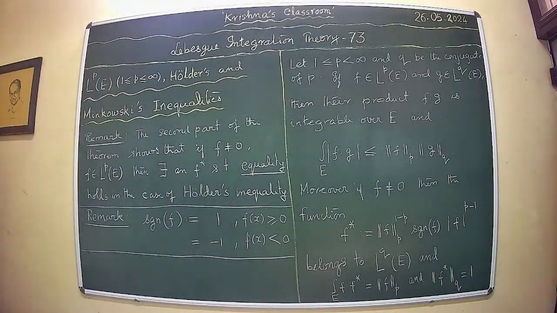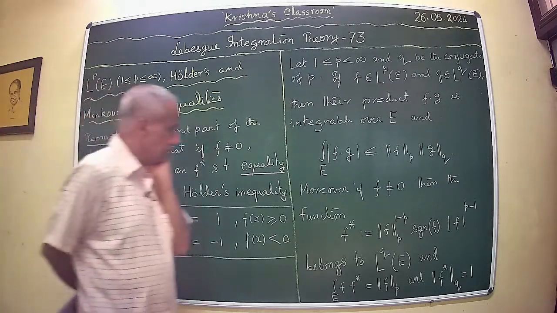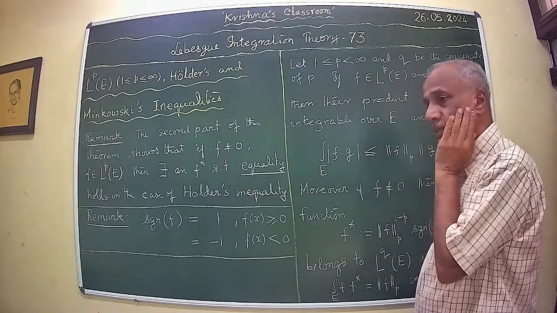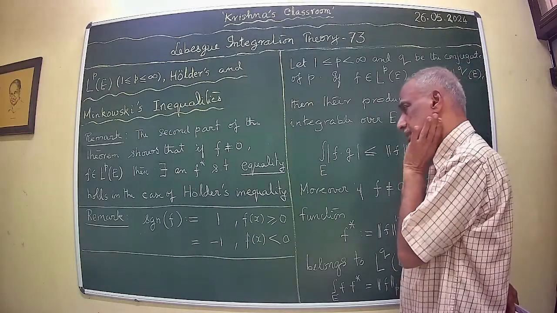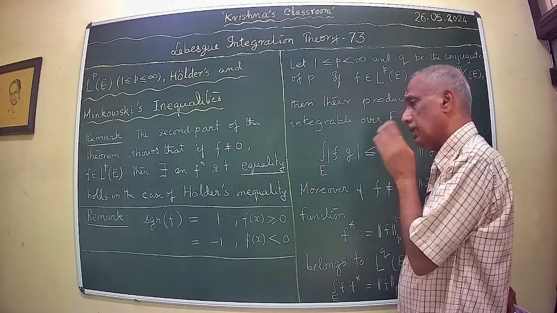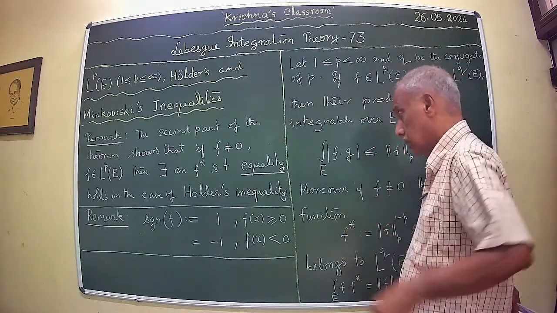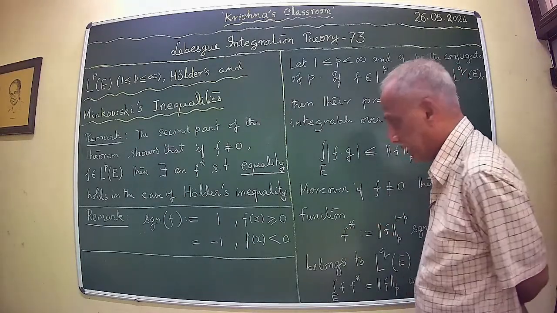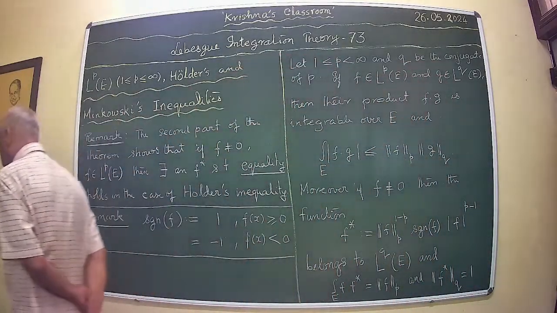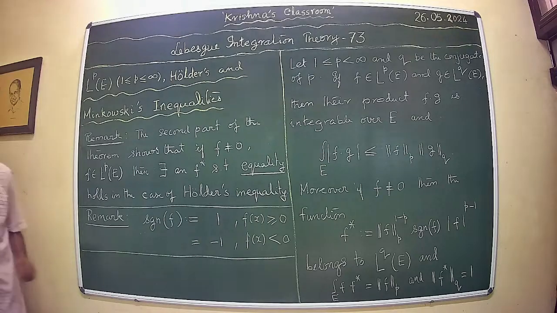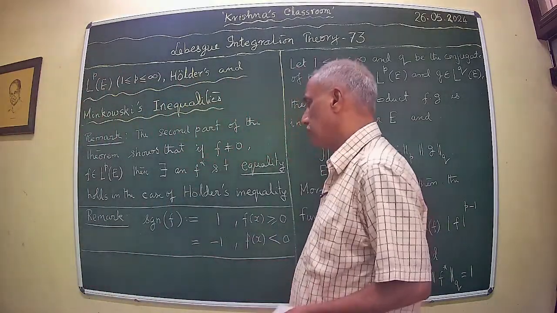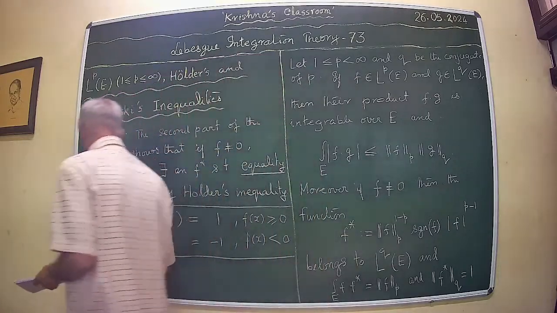So wherever the function f is non-negative, the corresponding signum function is equal to 1, and wherever the function is negative, there the signum function takes the value -1. So that we remember; it's a very well known fact. Now we try to prove this theorem.